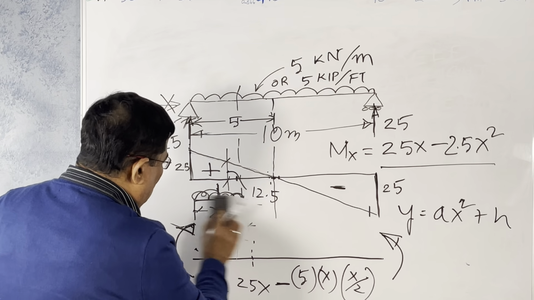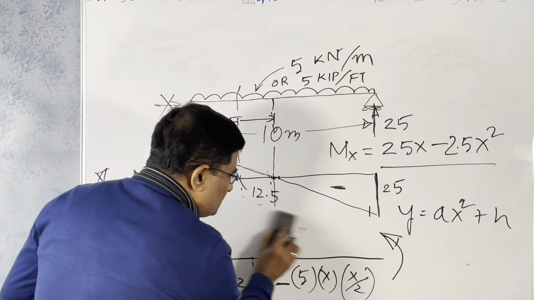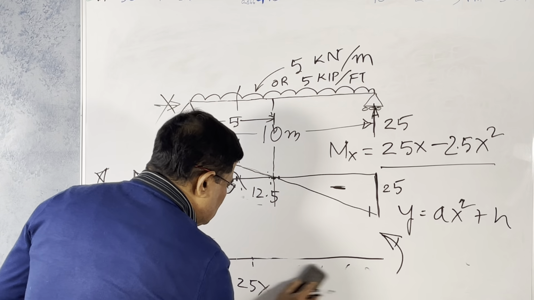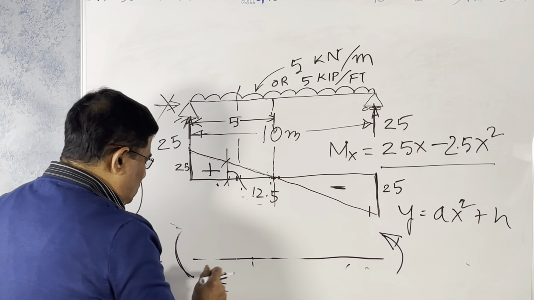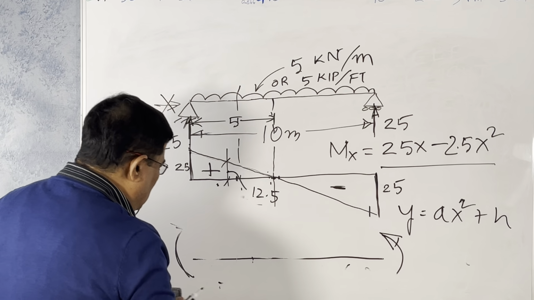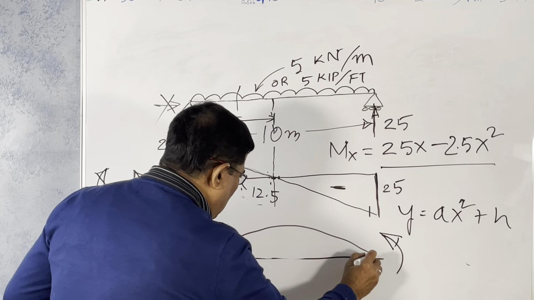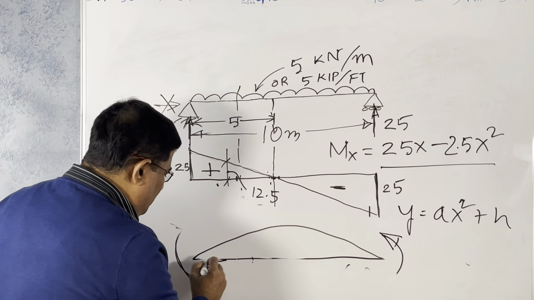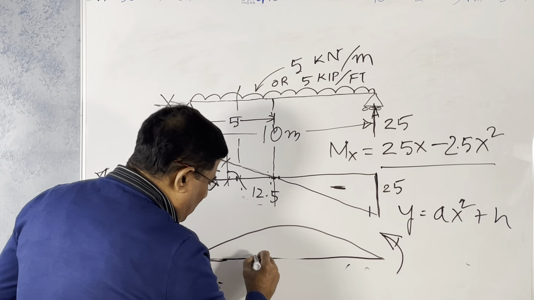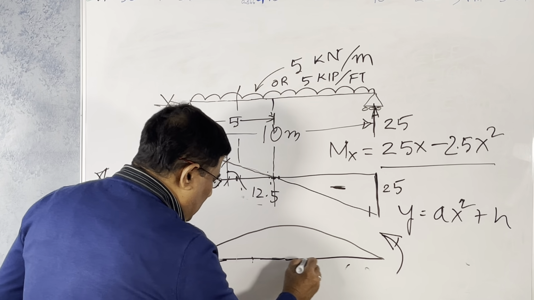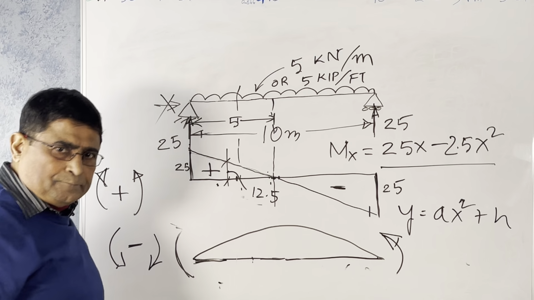So let us draw the bending moment. The bending moment will look something like this, like a parabola closing in there and there.